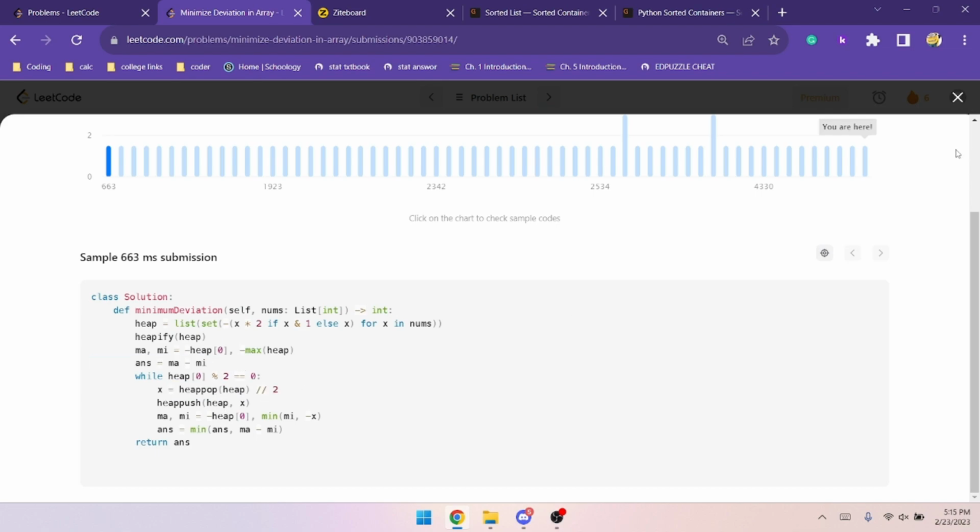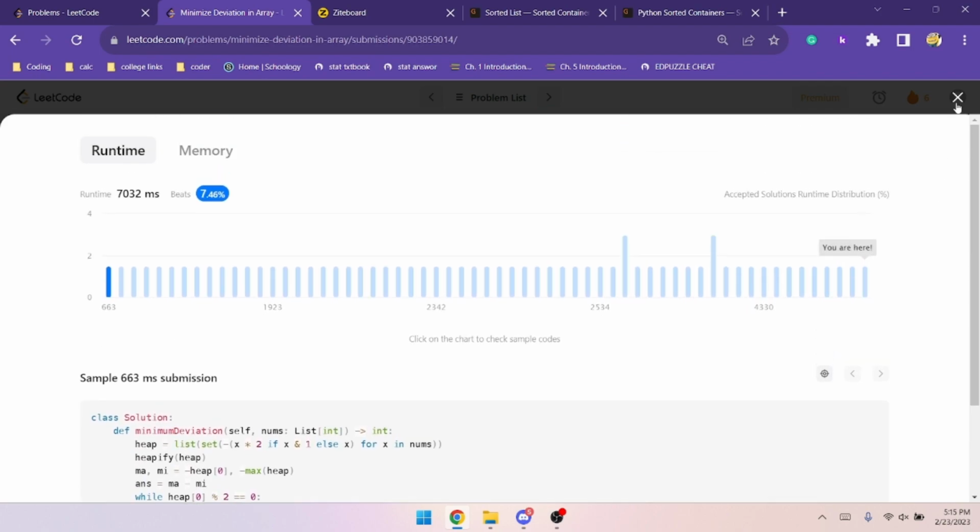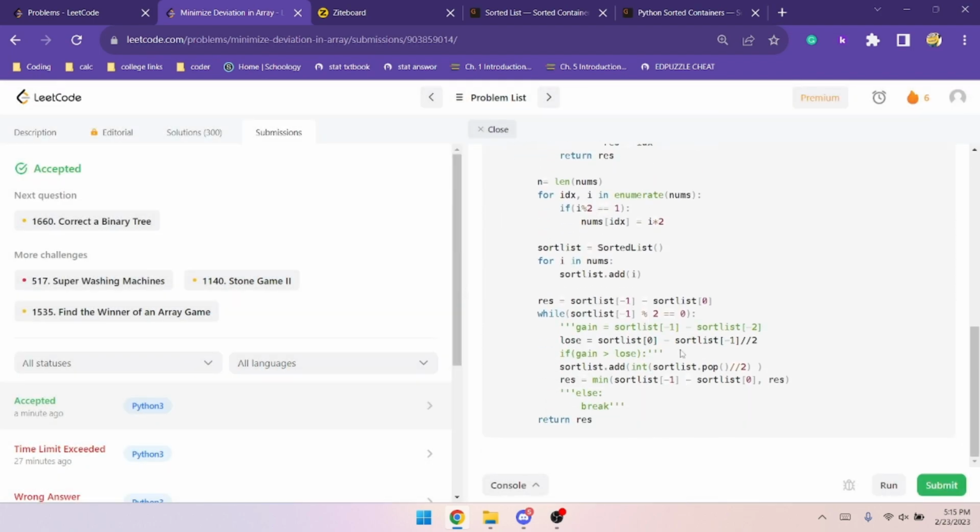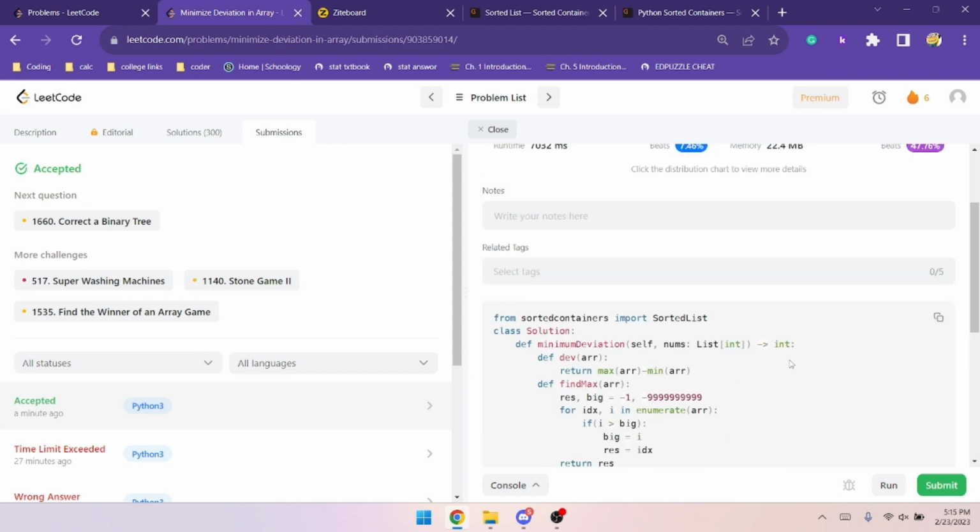Oh wait, yeah, after getting rid of this part, I had no reason to use a sorted list. I did not need the front terms at all, or the minimum term. I thought I needed a sorted list because I would need the minimum term at any given time, but then updating res every single time pretty much confirmed that I don't need it. I could have optimized my solution in that way.